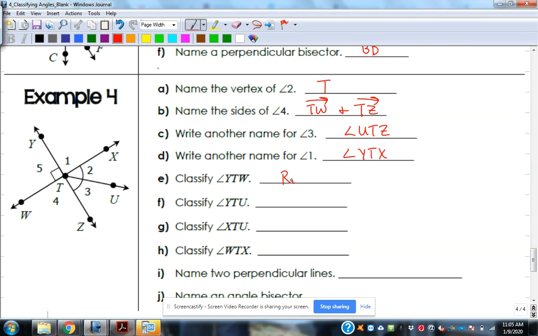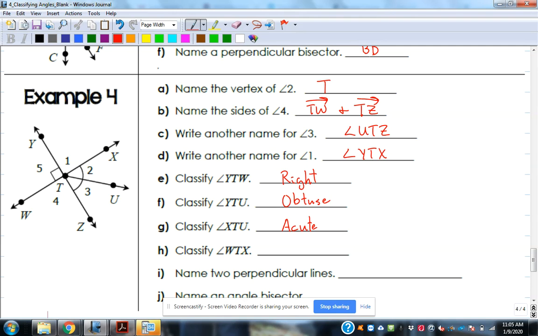Classify angle YTW. Right. YTU. Obtuse. Good job. XTU. Okay, when you get the quiz on this, whatever you think first, do the next one.